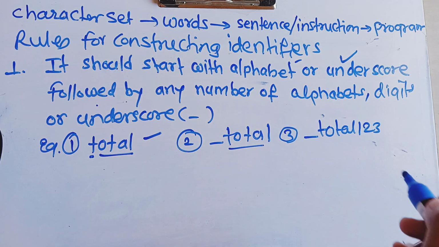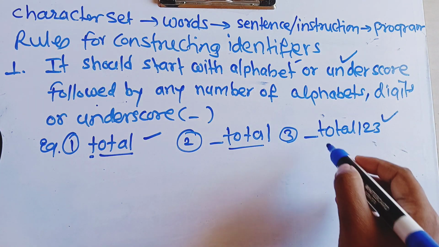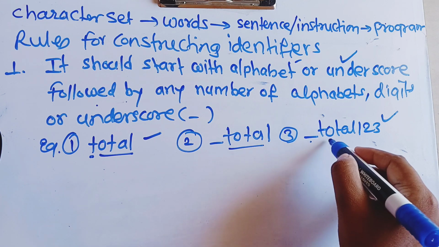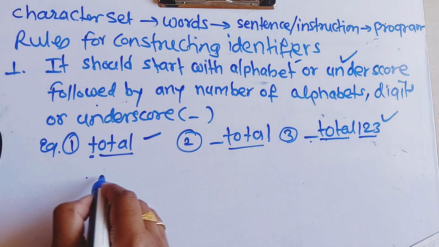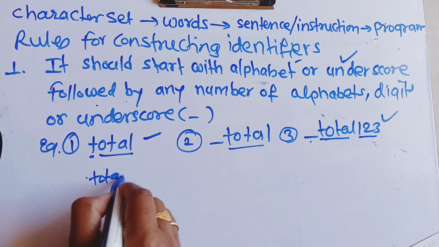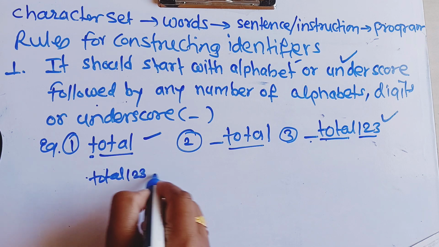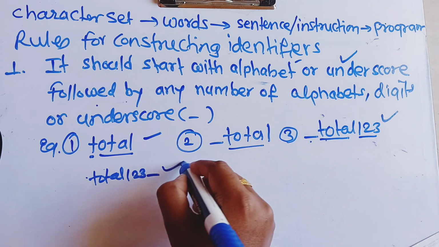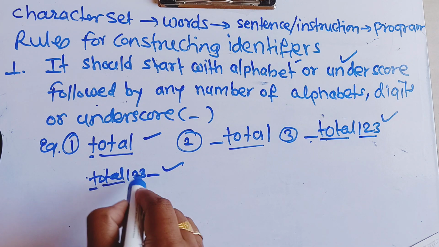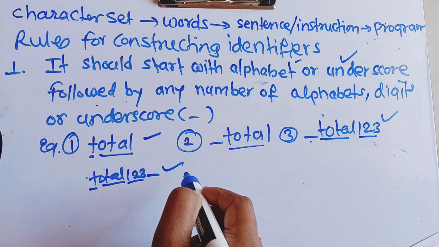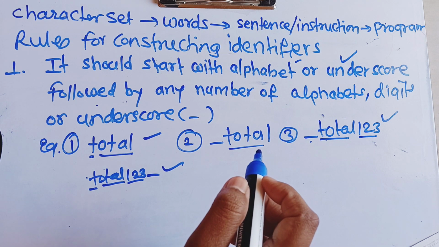Allowed? Yes, allowed. Why? Because it is starting with an alphabet, followed by alphabets and digits. Let's say I have one more example, total123_. Allowed? Yes, it is allowed because it is starting with an alphabet followed by any number of alphabets, digits and underscores. I hope you understood the first rule.